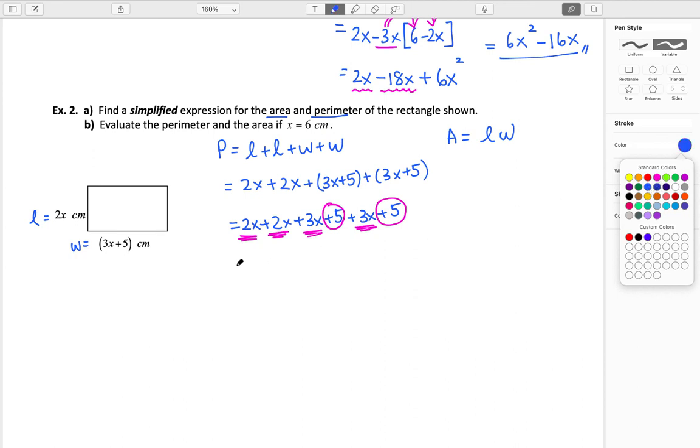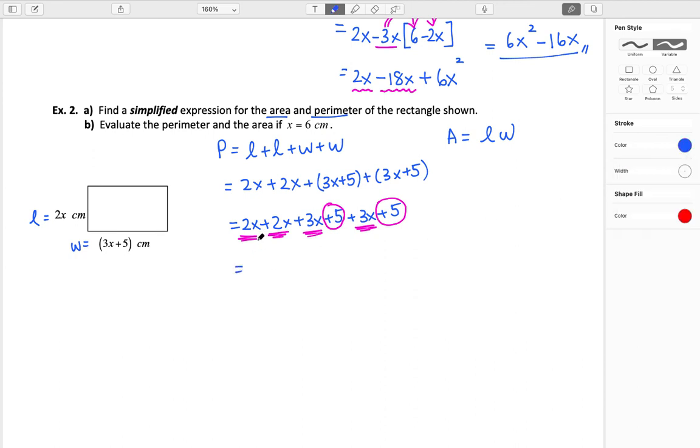So I'm going to do 2 plus 2 plus 3 plus 3, which gives me 10x, and then 5 plus 5 gives me 10 as well. Therefore, the perimeter of this rectangle is 10x plus 10 centimeter.